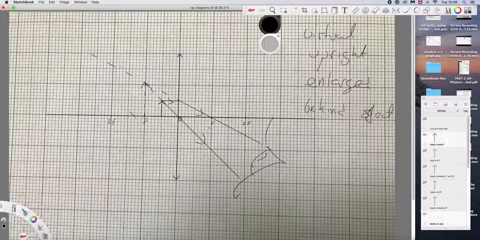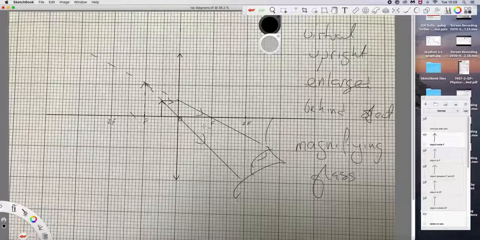So you've got then 1, 2, 3, 4, 5 ray diagrams for the convex lens.